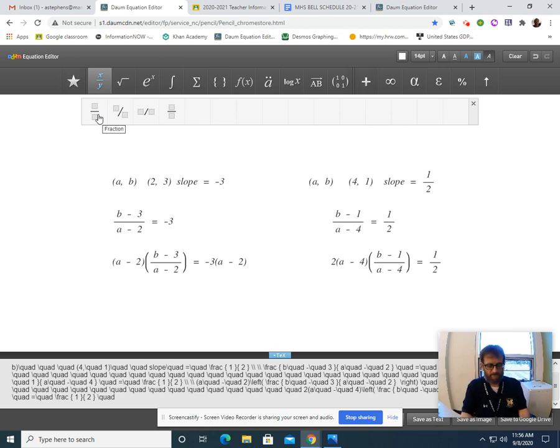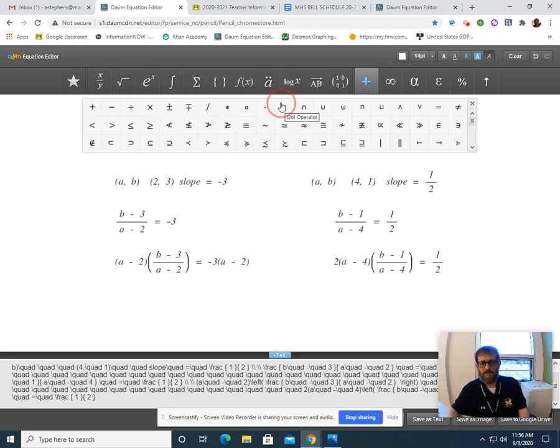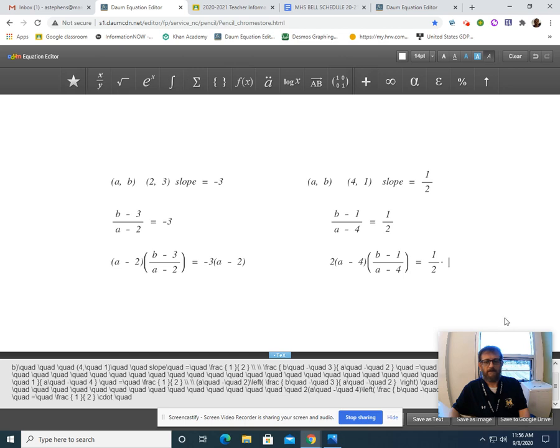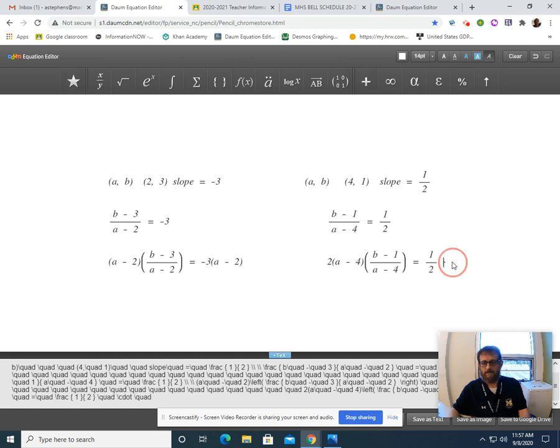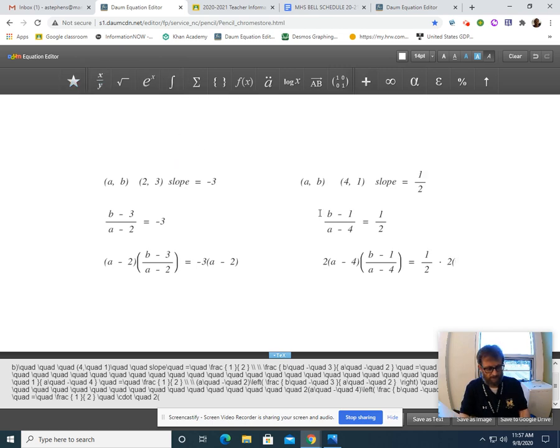I'll use a dot, and then 2 times (a minus 4).